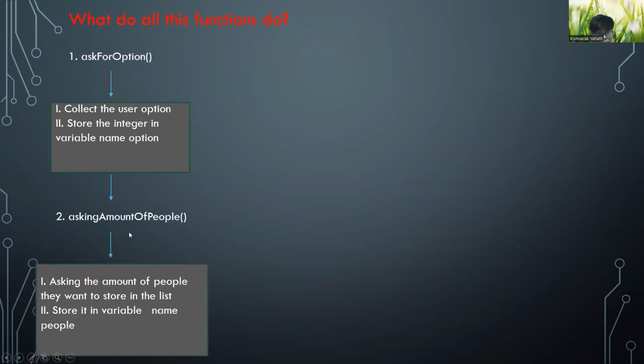In this function, the program will ask you the amount of people that we want to store in the list, which means the people that used or rented our hotel. Then it stores the value in the integer variable named people.